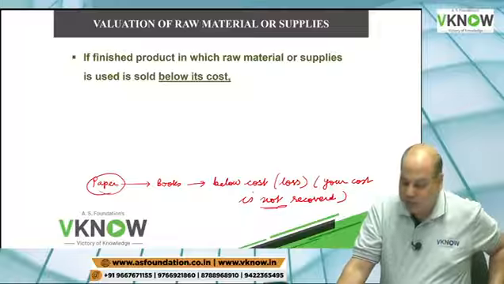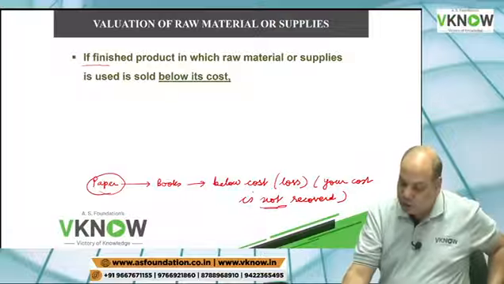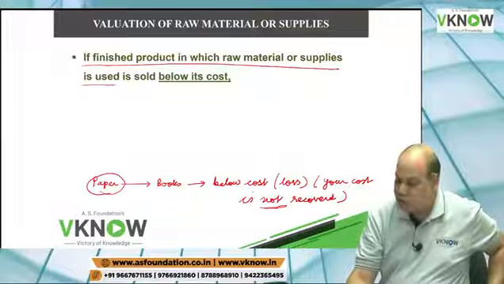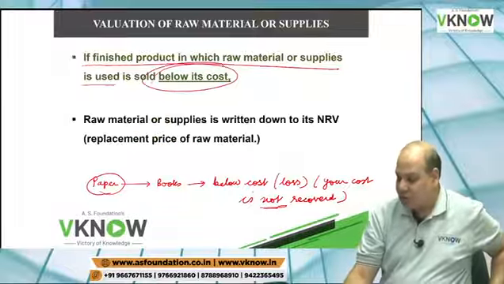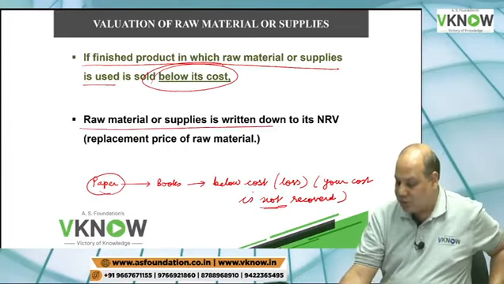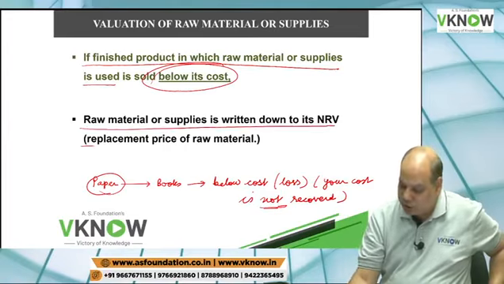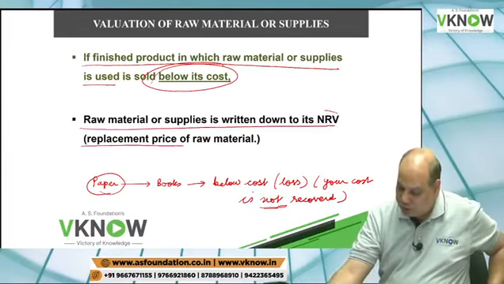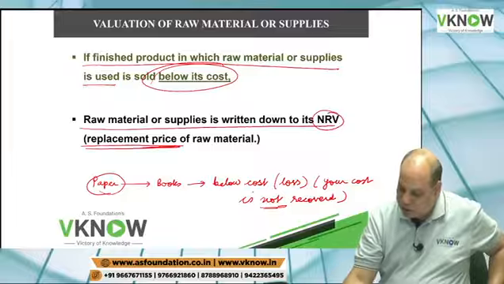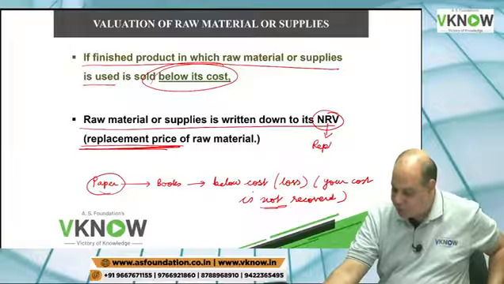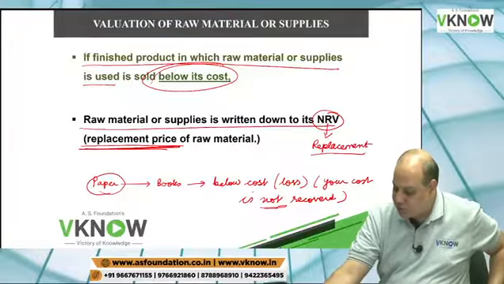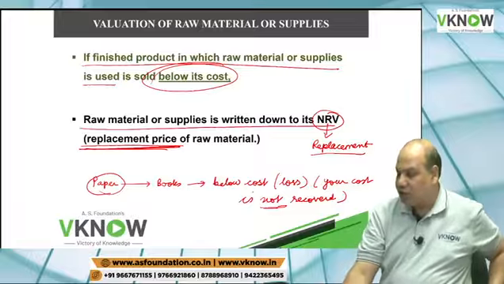of raw material. If finished product in which raw material or supply is used is sold below the cost, raw material or supply is written down to its NRV. Now NRV here means net replacement price. R stands for replacement. What is the difference between realizable value and replacement value?